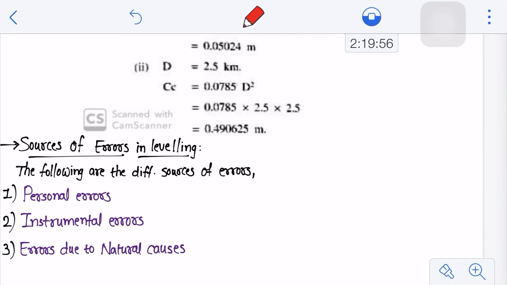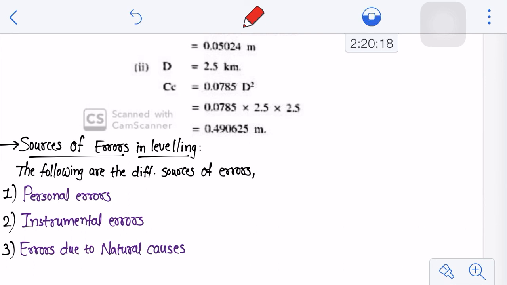When we talk about personal errors, it may be because your instrument is not leveled perfectly. If you have not followed the temporary adjustment properly and your level tube is not in the center, and you try to observe your reading, then your readings will have error. That is due to personal error, right? Second, maybe the focusing of the object glass and eyepiece is not done properly.